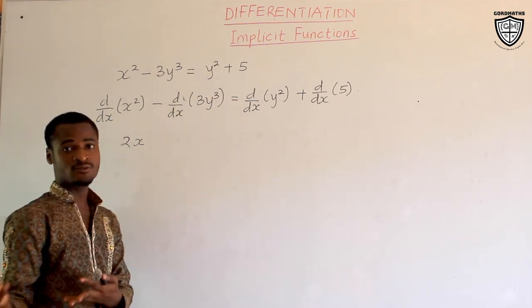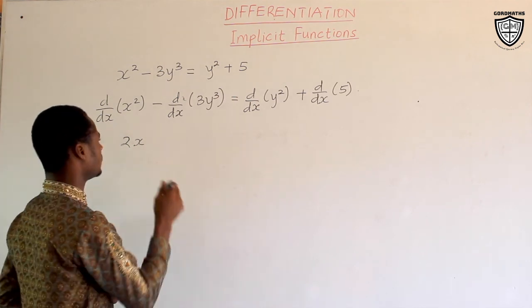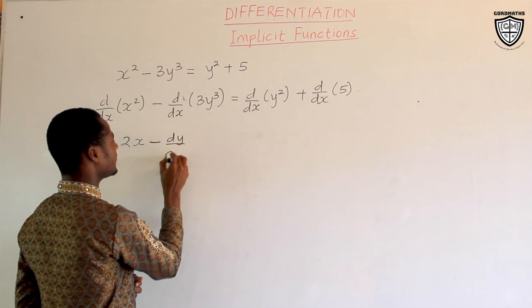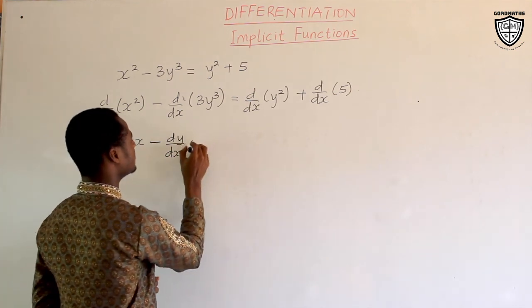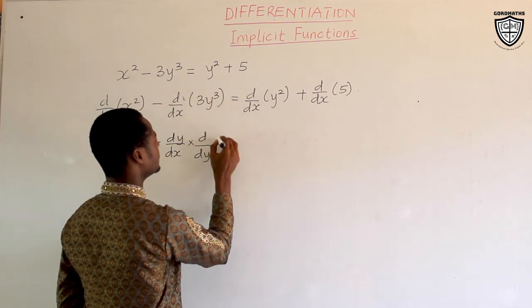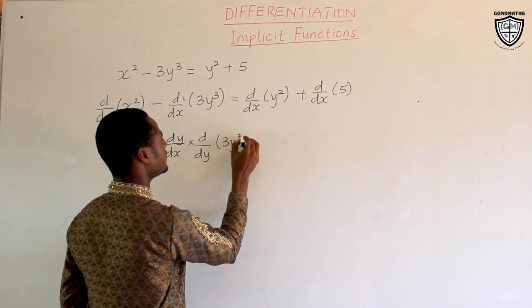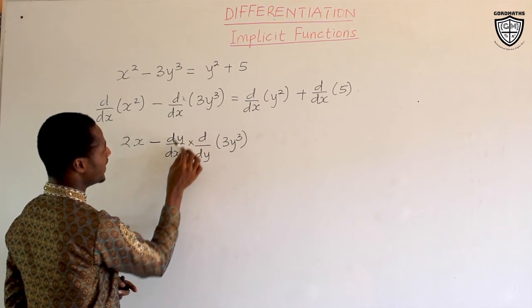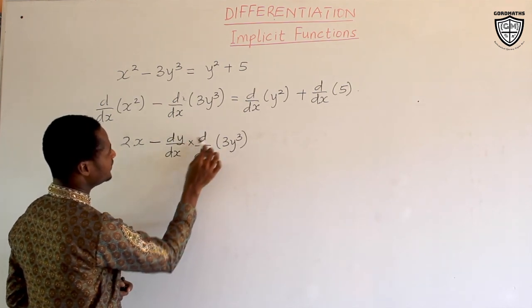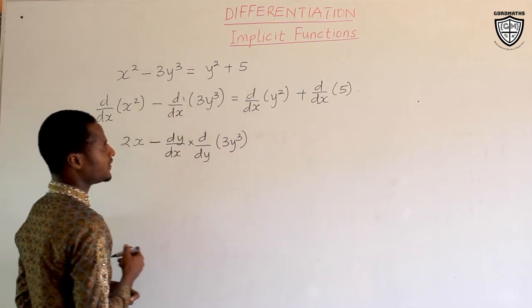And so, as we obtained from our previous example, we will find dy/dx times d/dy of this function 3y cubed, where we know that dy/dx times d/dy, when dy cancels dy, we have d/dx as we have here.